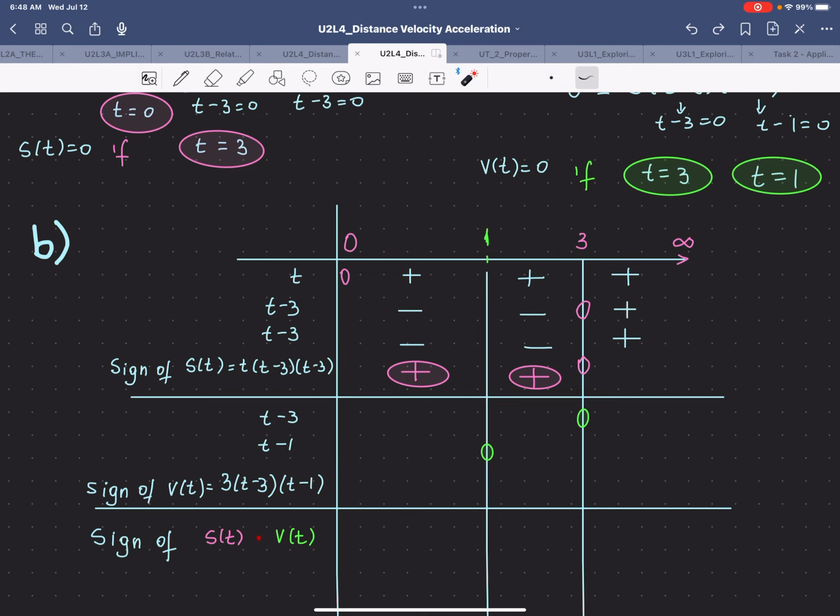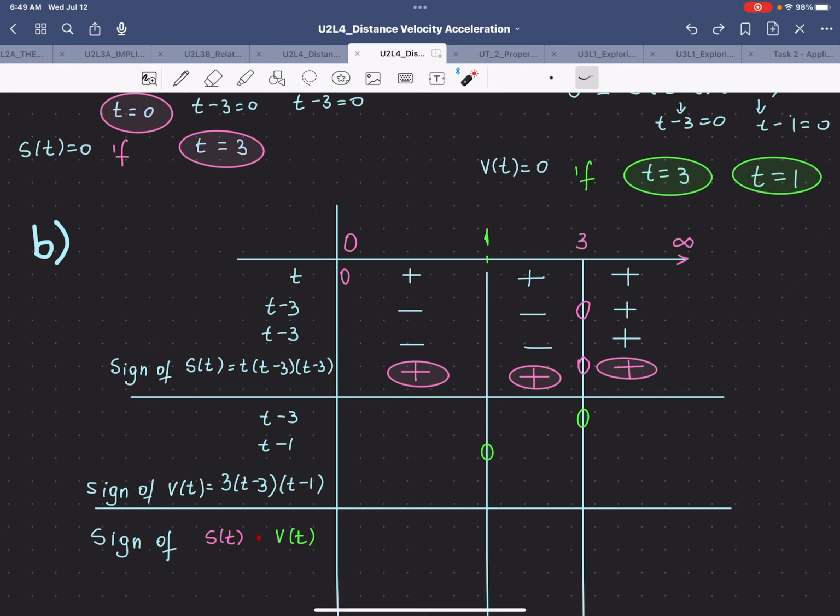And another quick and practical way of determining the sign is pick a number greater than 3, let's say 5, substitute it into the expression. 5 minus 3 equals 2, so that's a positive. So the product of the three factors will have to be positive. So as you can see, the sign of the position is positive for any value of t greater than 0.